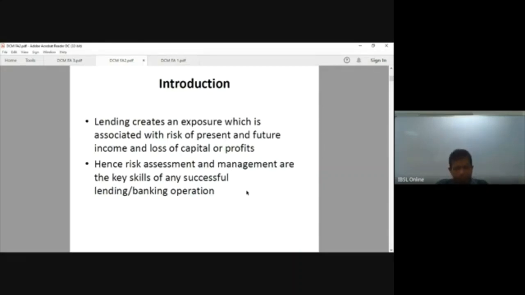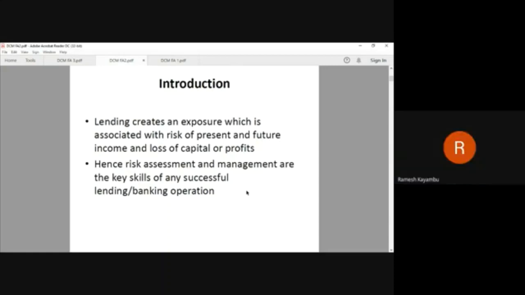Therefore, risk assessment and management are very key skills of any successful lending, right? How you assess the risk and how you manage risk is a very key thing under risk lending.